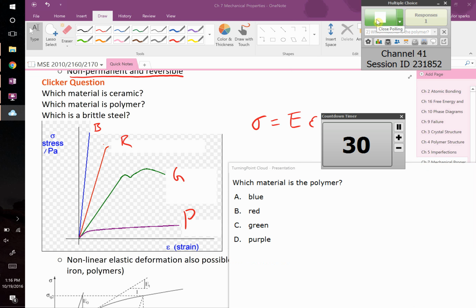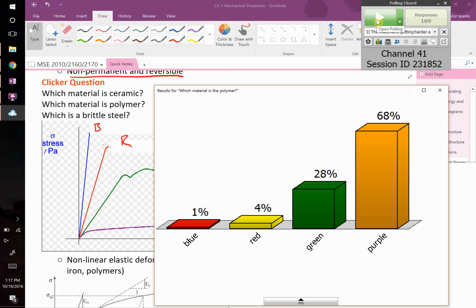So our next one then, which one's the polymer? Okay, people think that it is D, mostly.